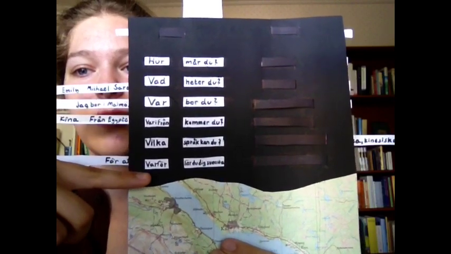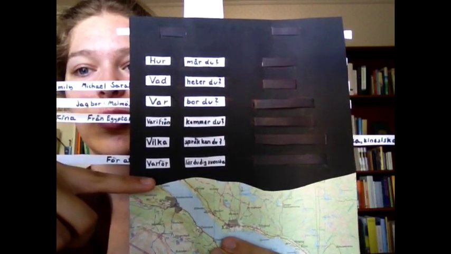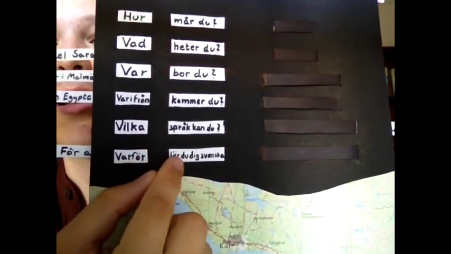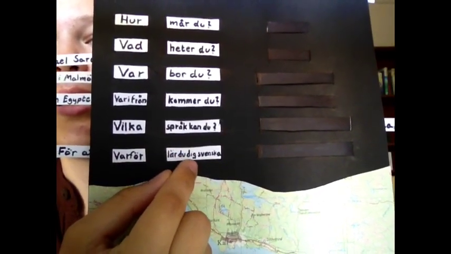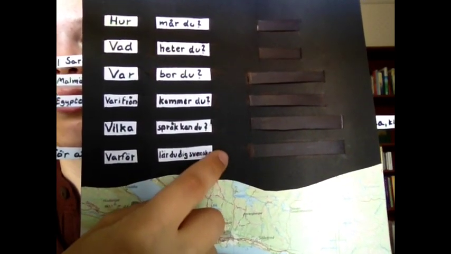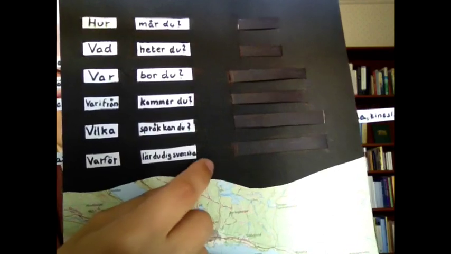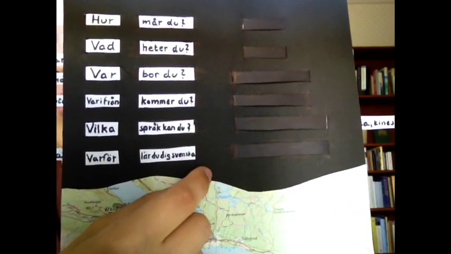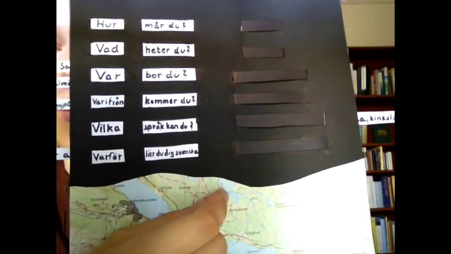And here we have a very common question, I think, if you are learning Swedish. Many Swedes will ask this. Varför lär du dig svenska? There is no question mark here, and that's just a space issue. It should have been one.